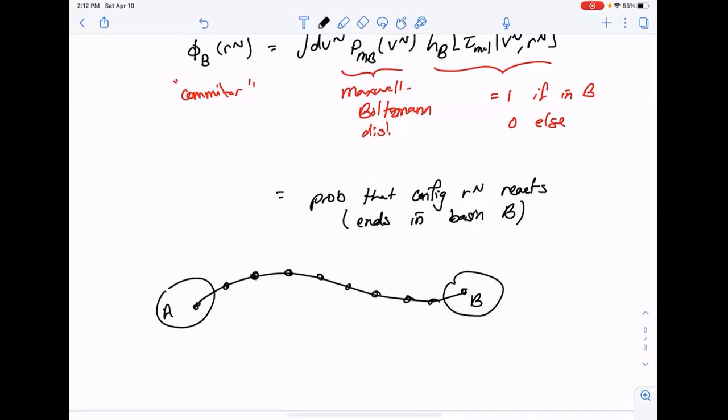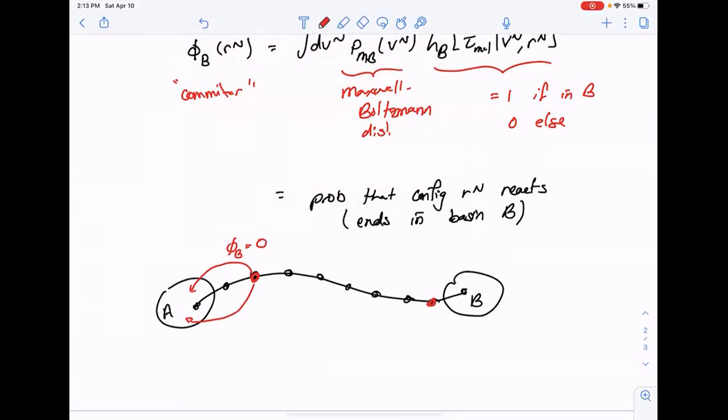I could pick this configuration, integrate trajectories from a Maxwell-Boltzmann distribution of velocities, and likely see that overwhelmingly those are committed to basin A. So in this case, phi of B would be 0 for that specific configuration.